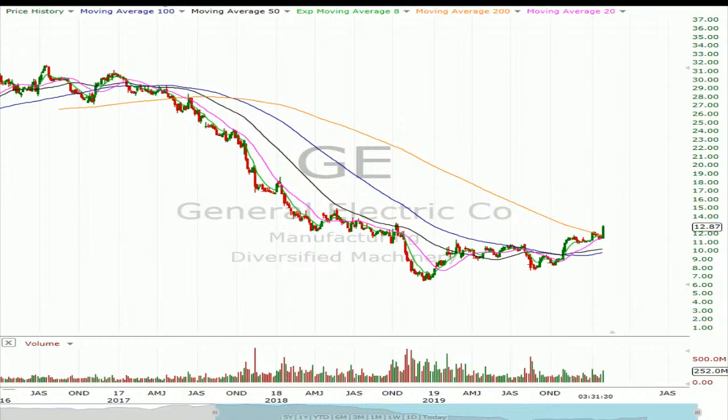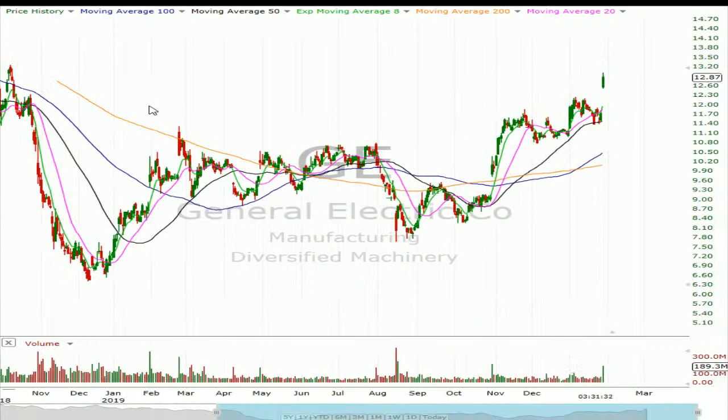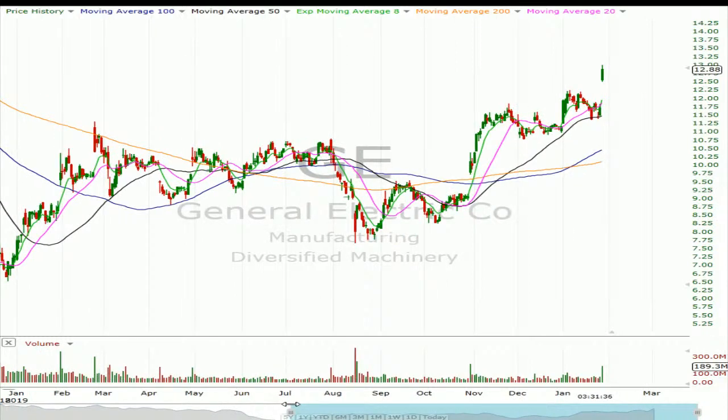Going into the quarter, technically the stock looks pretty good, but earnings are a pretty significant event, and the positive progress it had made over the last few months could have been ruined had the numbers disappointed and the stock got back down.